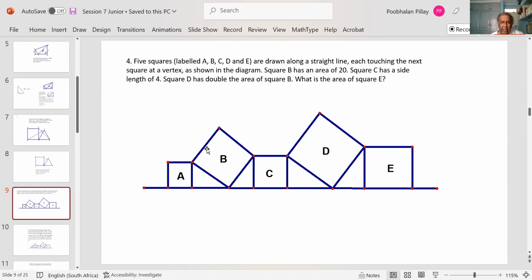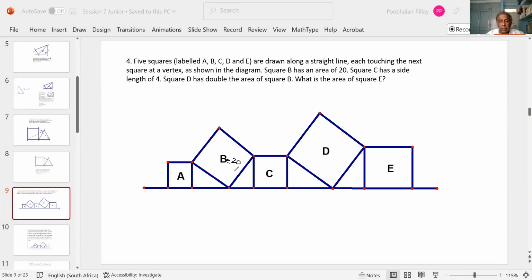So you know the area of the square. Okay, let's just put that information in. So we'll just put B equals 20. By B, we mean the area. So let's abuse the notation. We said B was a square, but we can say B is the area.